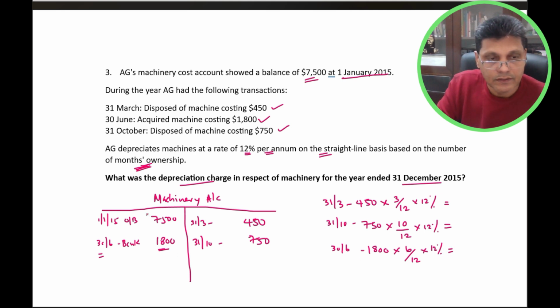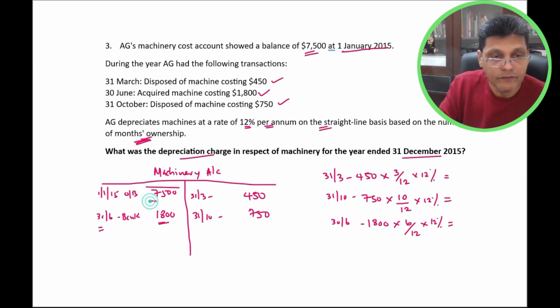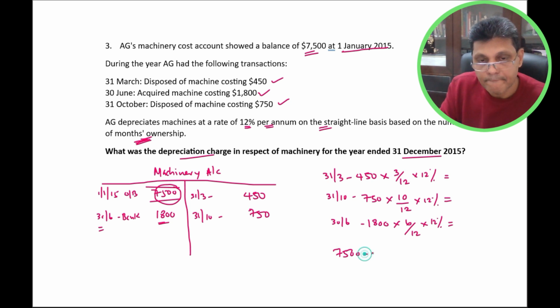And the opening value of this 7,500. This was the opening balance from 1st January 2015. So of this 7,500, they sold 450 and again they sold 750.